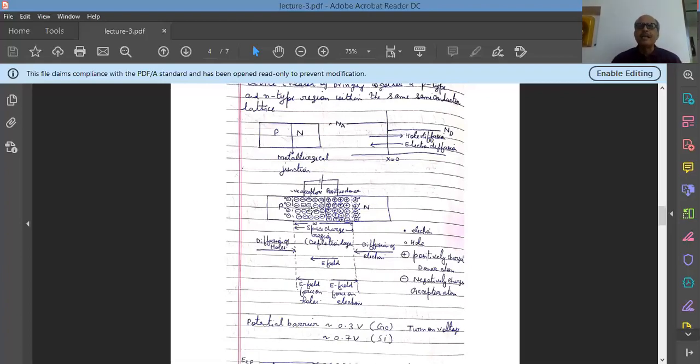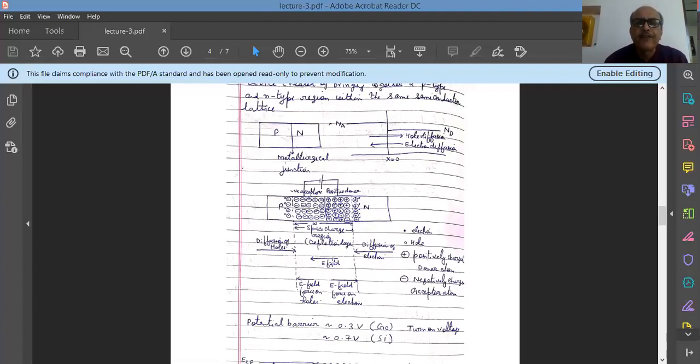If you look at this electric field, you can consider it as a parallel plate capacitor case. The value of E depends upon the charge migration or diffusion of charge from one side to another. So the more the diffusion, the stronger is this electric field.